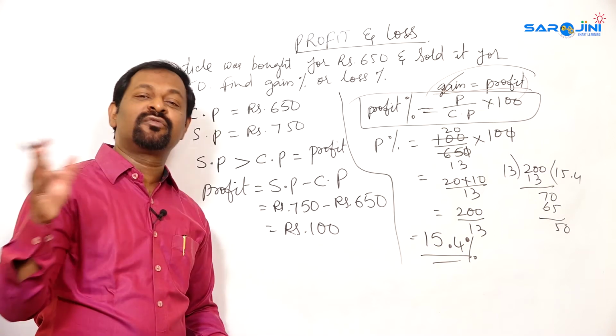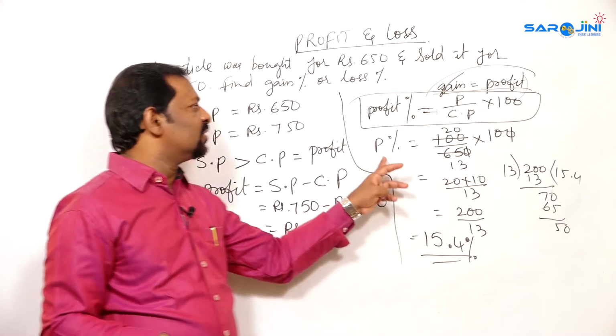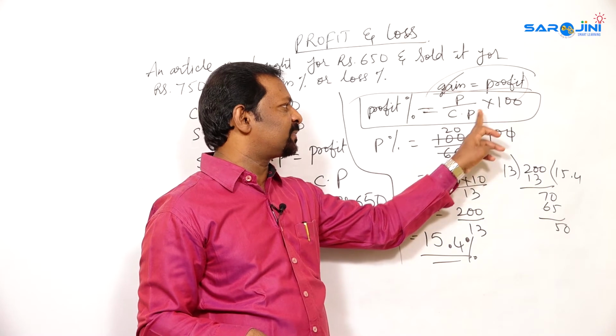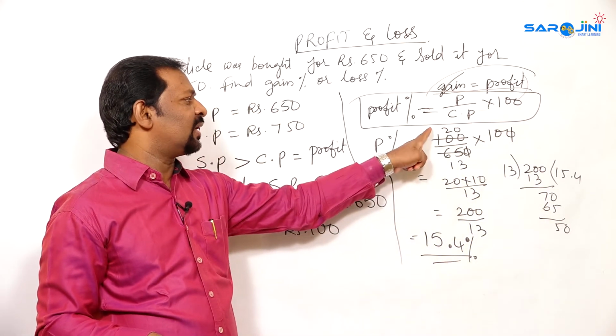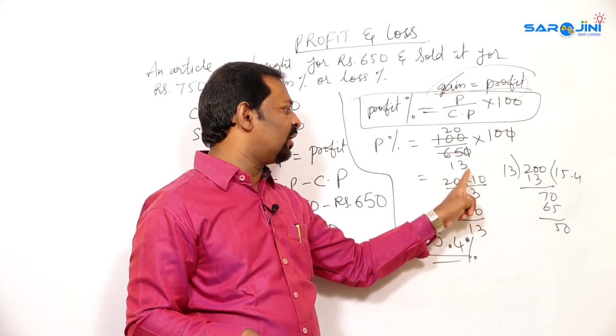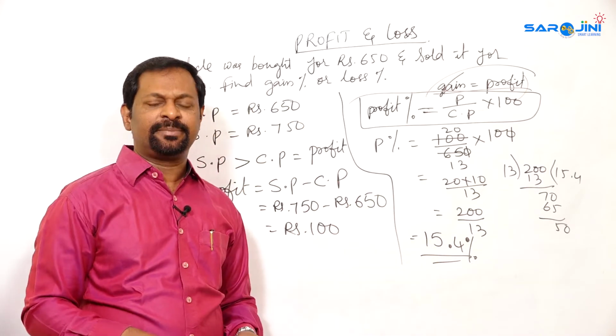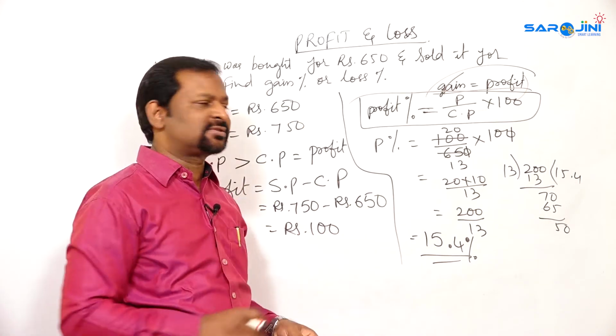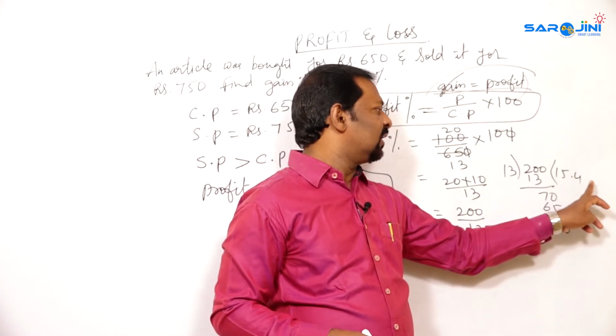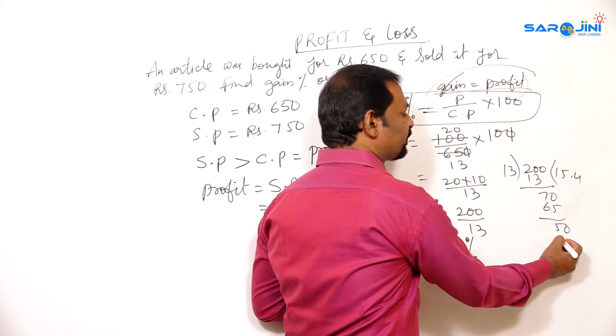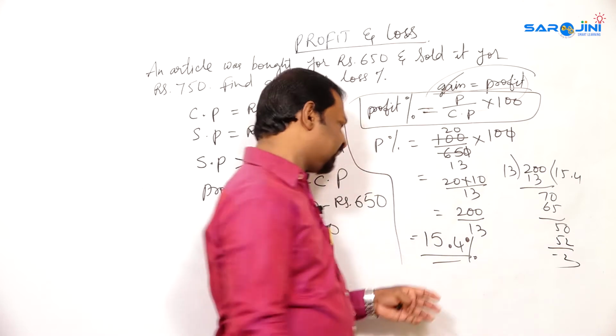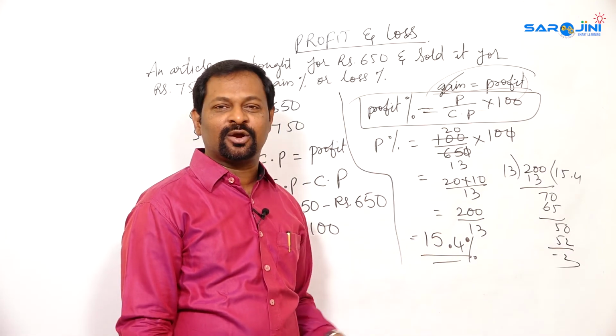If you want to convert the profit into profit percent, profit by cost price into 100 is the formula. So 100 by 650 into 100, on cancellation, you will get an average. Sometimes we will not get an accurate answer, but at an average we can take it out in this way.